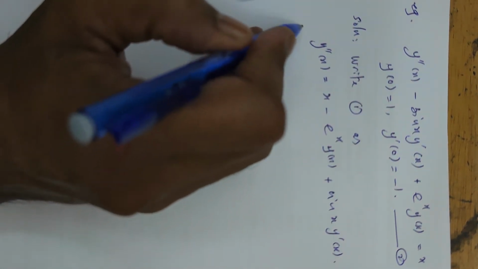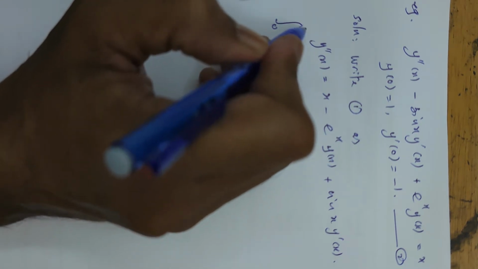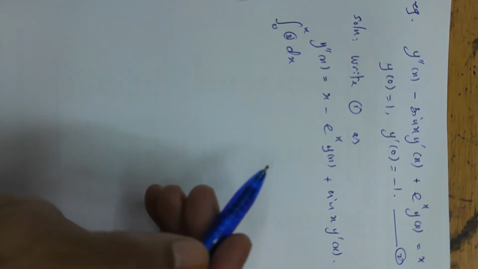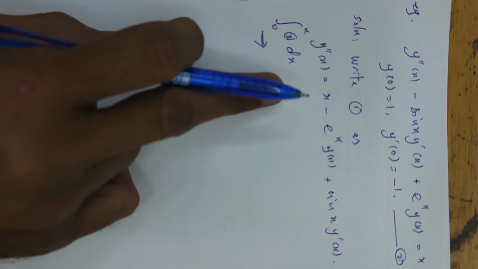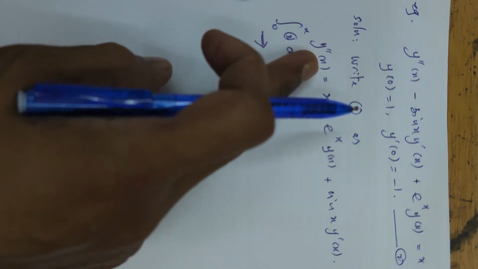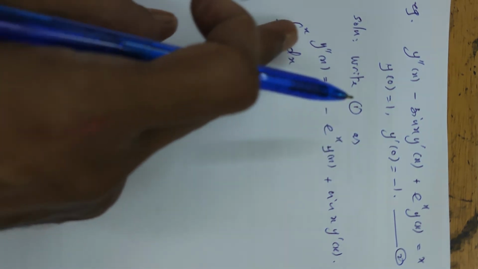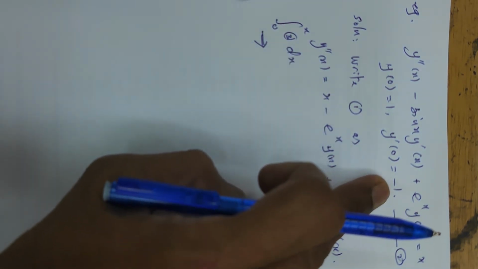And then we integrate 3 from 0 to x with respect to x. That gives us, when we integrate, y prime. Then we evaluate y prime from 0 to x, where y prime 0 is negative 1.